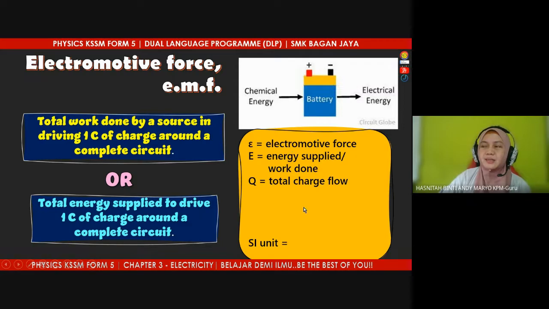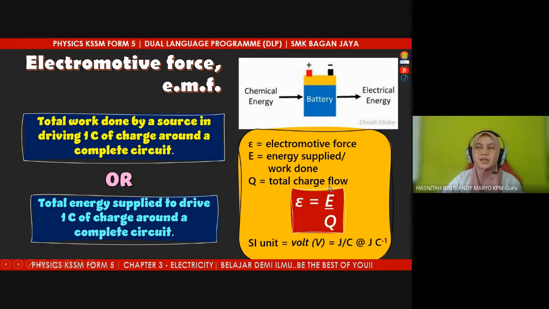And this is the equation for EMF. Students, this is the symbol for EMF, epsilon. Okay, the name is epsilon. I think you are also using the symbol in maths. And E is the energy supplied or work done by the battery. Q is the total charge flow. So this is the formula for EMF.